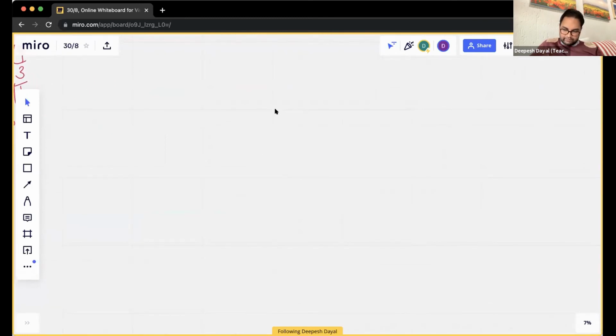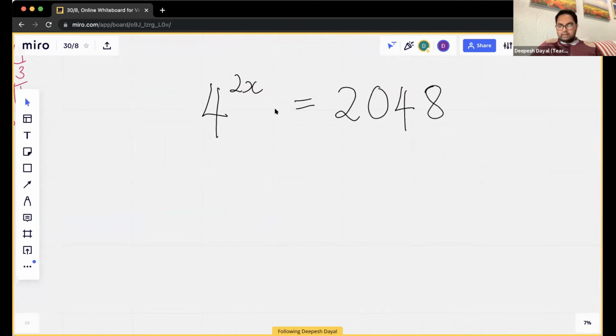We've got here 4 to the power 2x equals 2048. And I want us to find x.